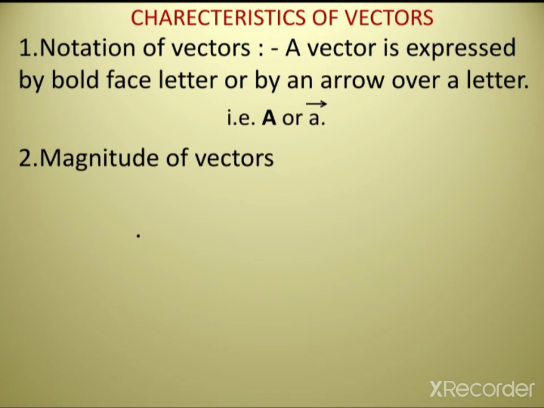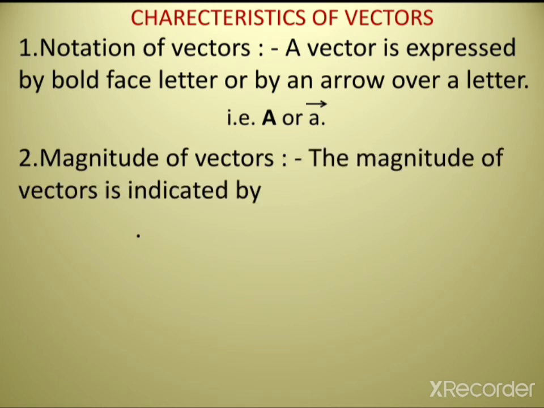And next one is the magnitude of a vector. The magnitude of vector a is written as modulus of a is equal to a. This is the magnitude of the vector.